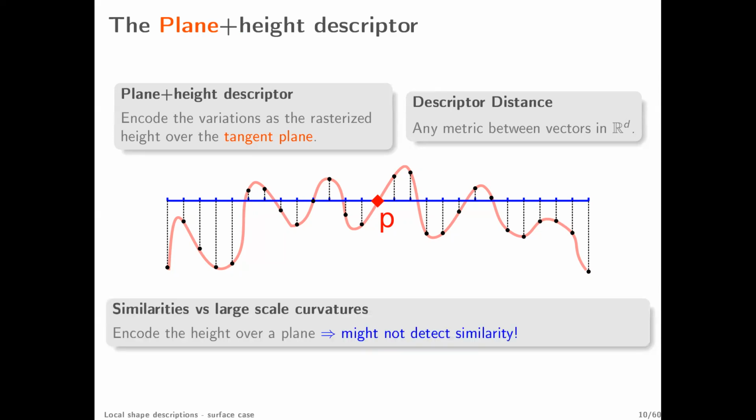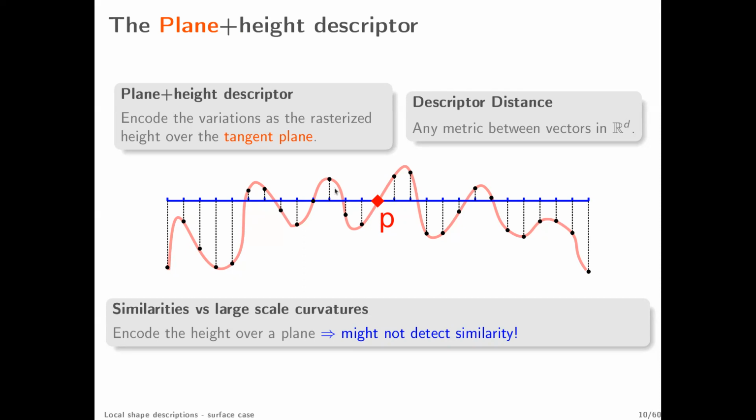So it's actually quite efficient and simple to compute, but there is an issue: it cannot really capture similarities when there's some large-scale curvature. For example, here, if you have a look at this red curve, you see that there is some detail, but it's bent over some surface.